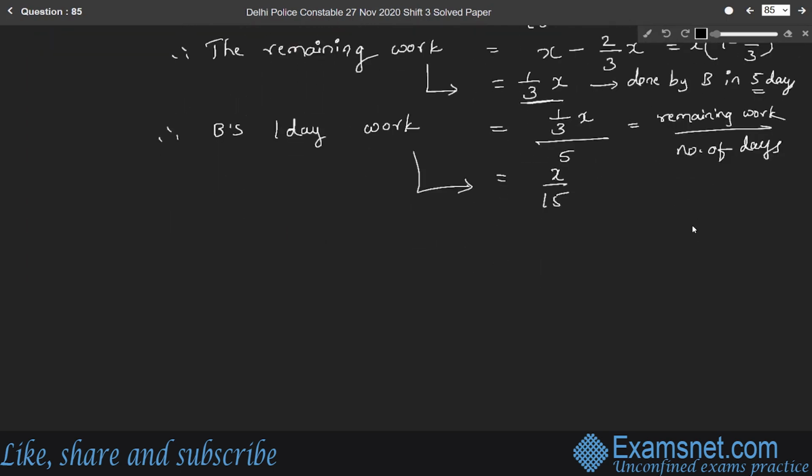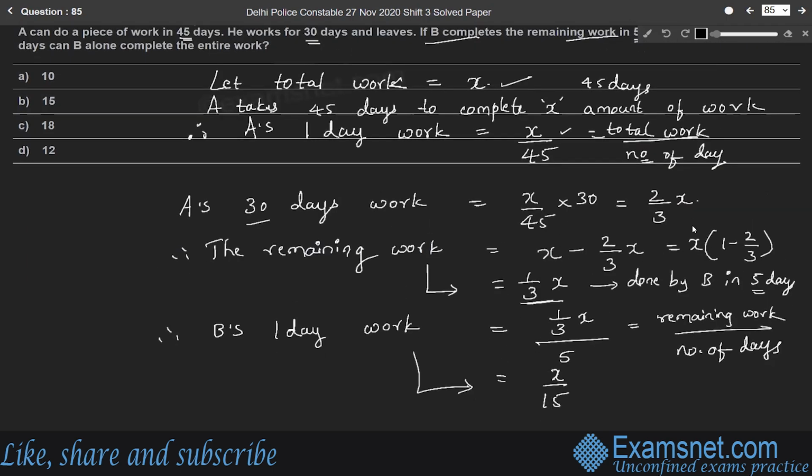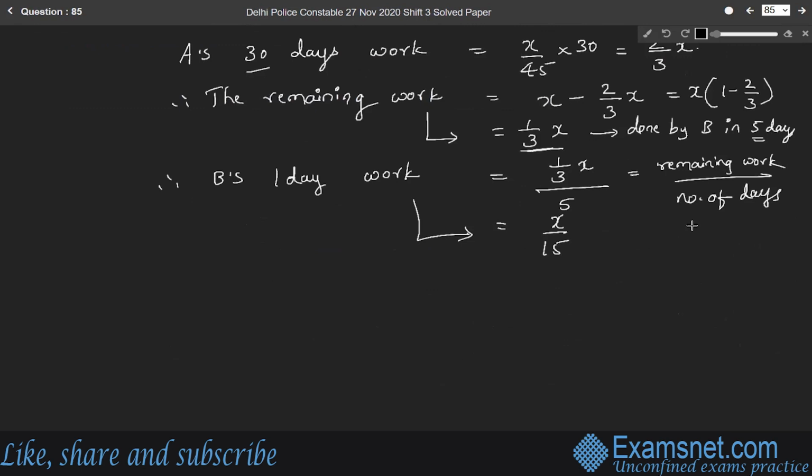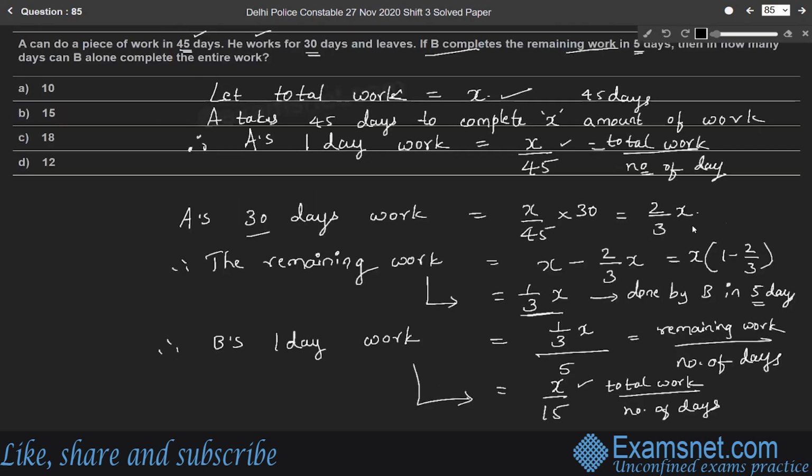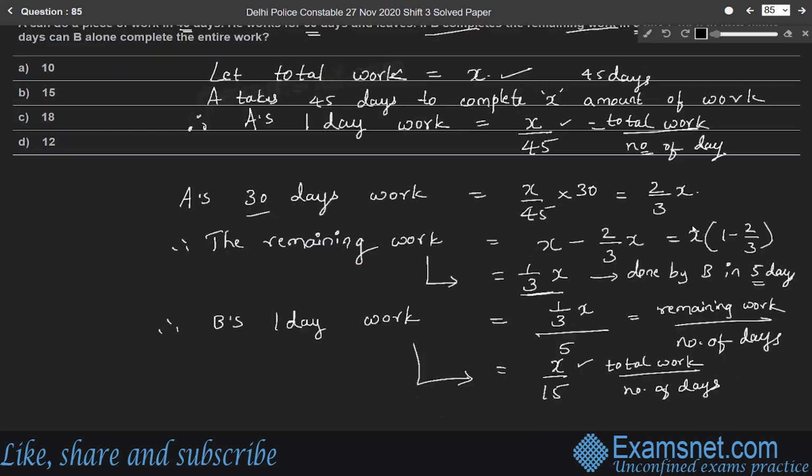That means X is the total work divided by, so what is 1 day work? In the sense total work divided by number of days. That gives 1 day work, right? Here B takes 15 days to complete the remaining work.